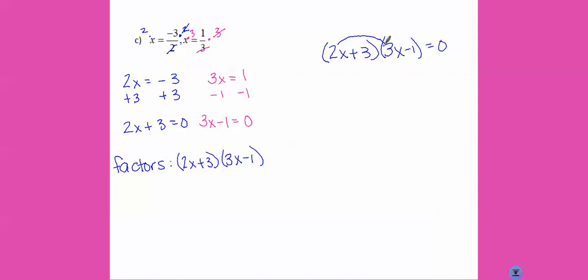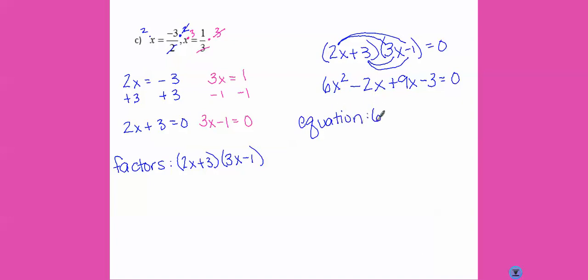So 2x times 3x is 6x squared. 2x times negative 1 is negative 2x. 3 times 3x is plus 9x. And 3 times negative 1 is minus 3. Bring down the equal 0. And my equation will be 6x squared plus 7x minus 3 equals 0.